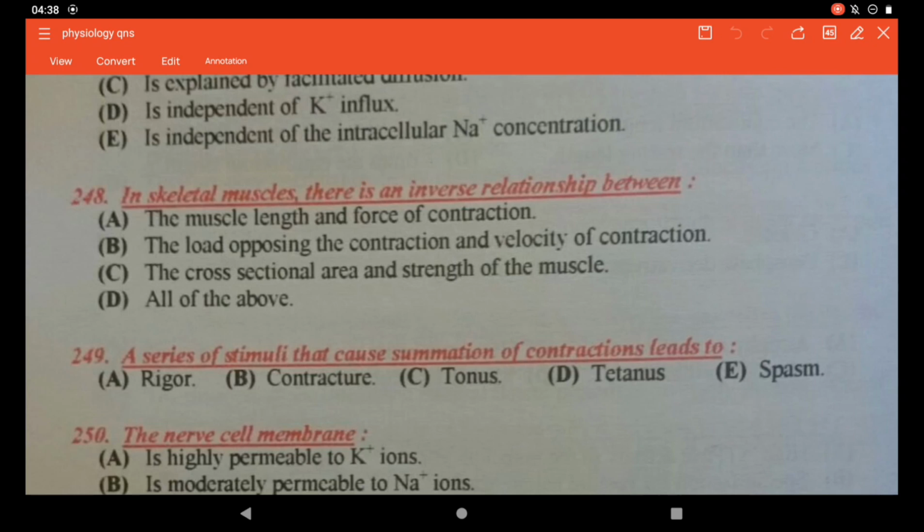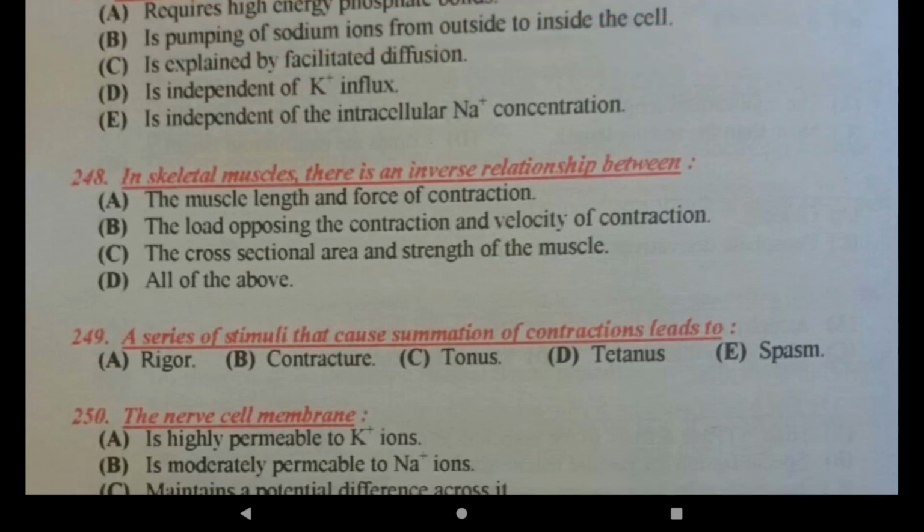So the most correct answer here is B. That is, the load opposing the contraction and the velocity of contraction. Usually, there is a relationship between them.